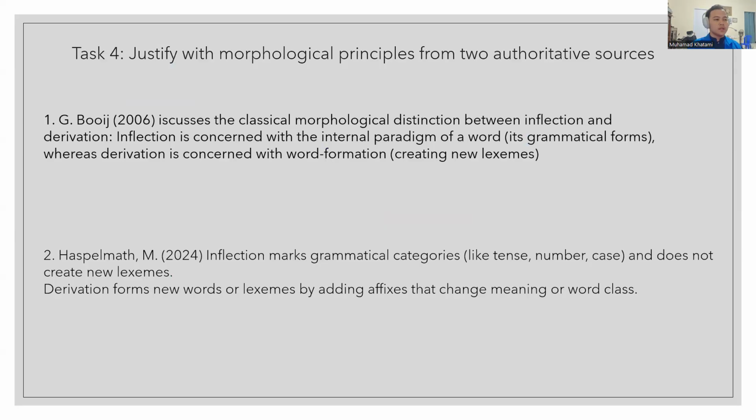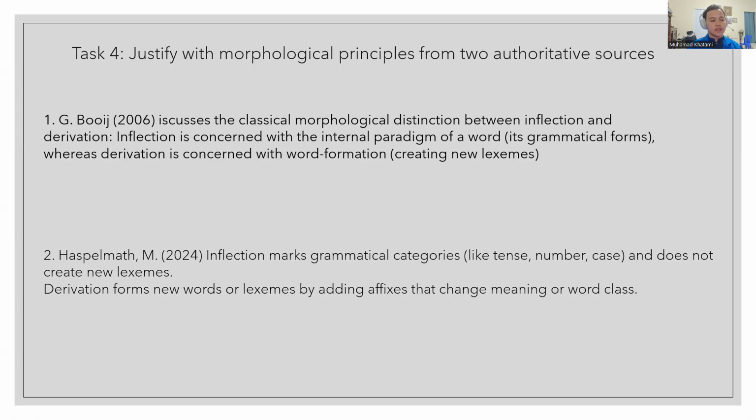And then for task 4, justify with morphological principles from two authoritative sources. The first one is by Bauer, who discusses the classical morphological distinction between inflection and derivation. Inflection is concerned with the internal paradigm of a word, its grammatical form, whereas derivation is concerned with word formation, creating a new lexeme.